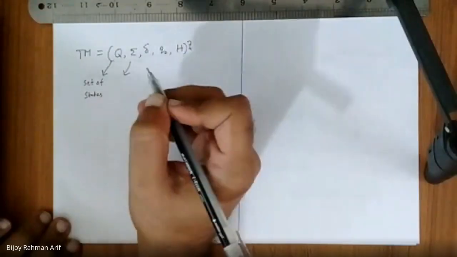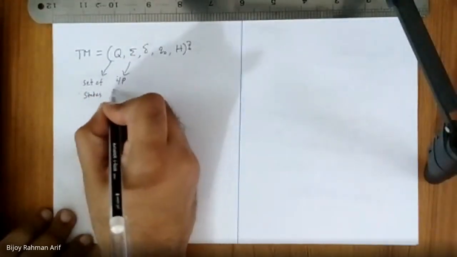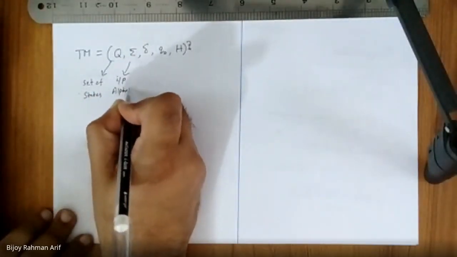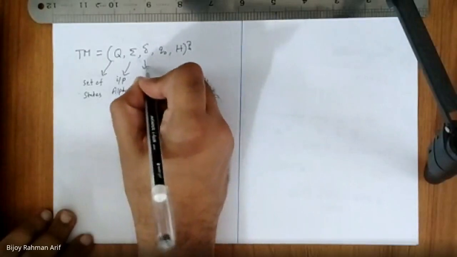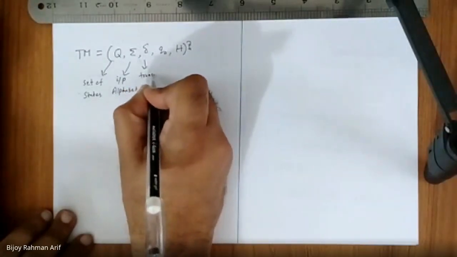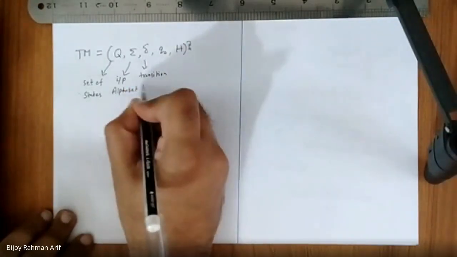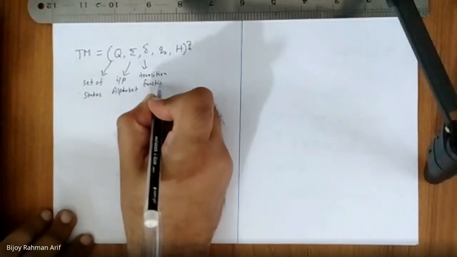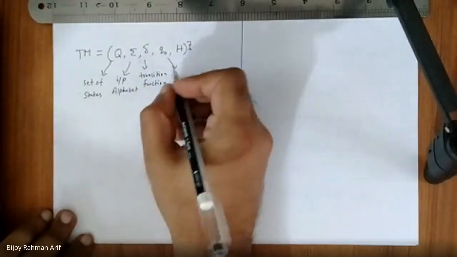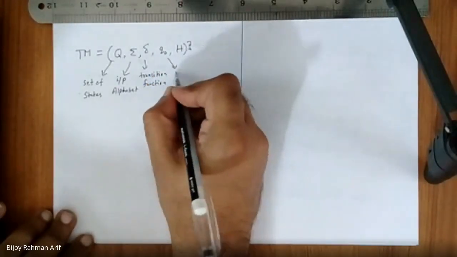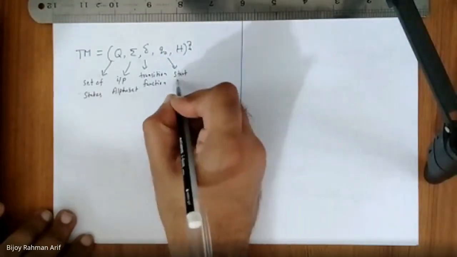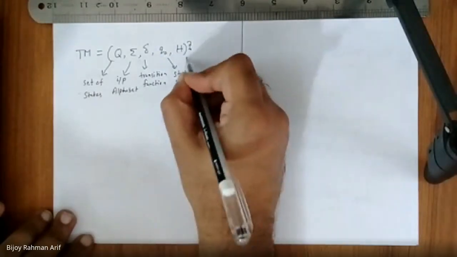Sigma is nothing but the input alphabet. Delta is nothing but the transition function. Q naught is nothing but the start state. H is nothing but the halting state.